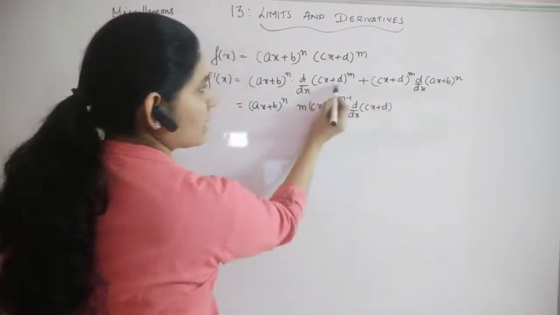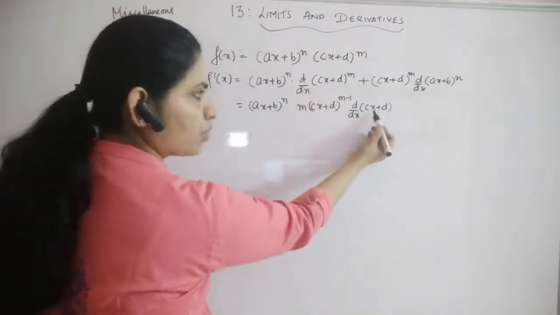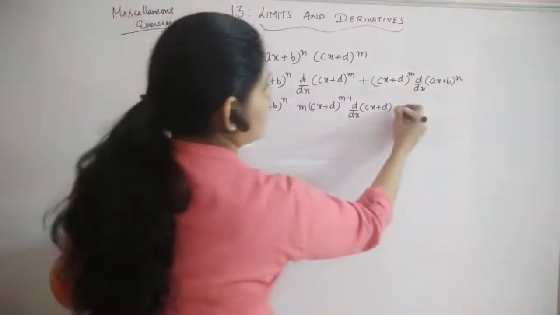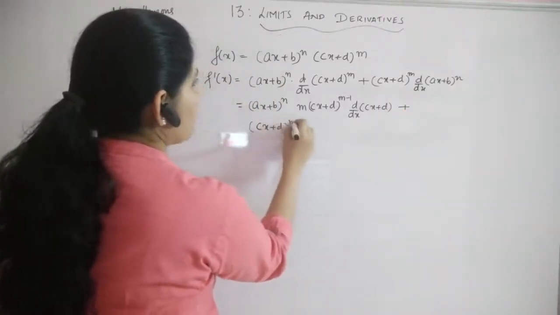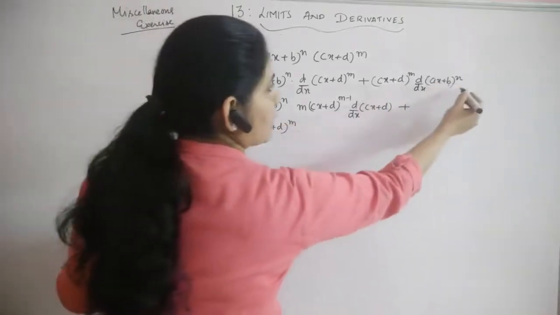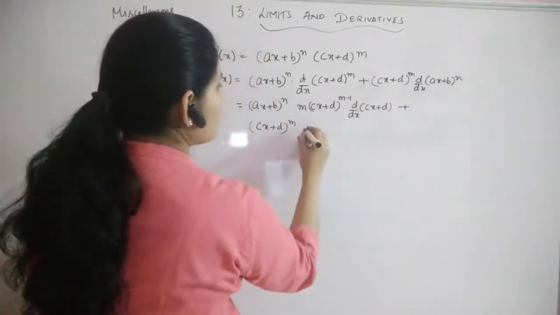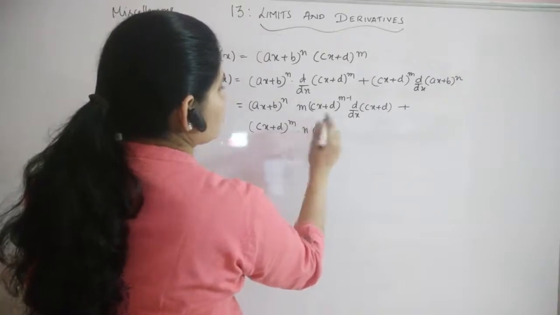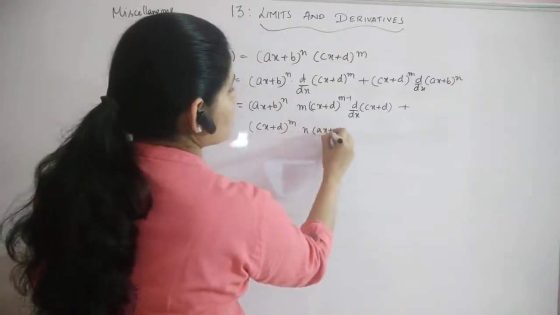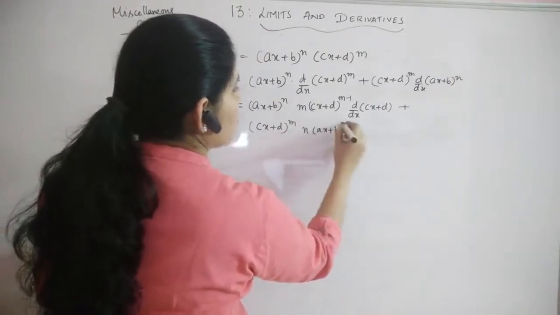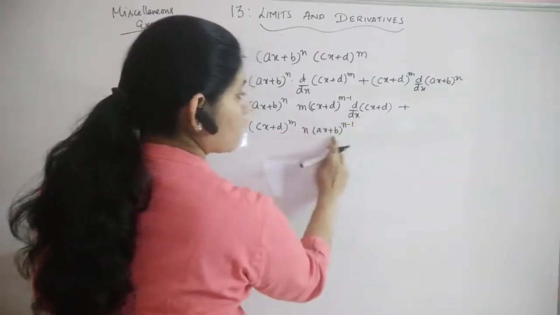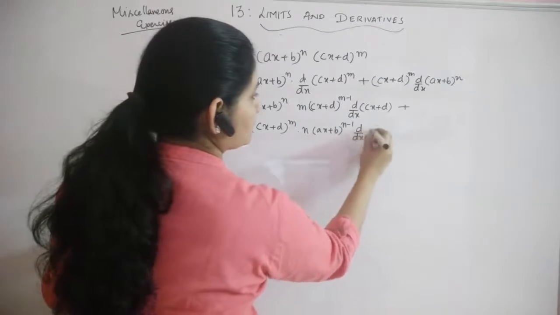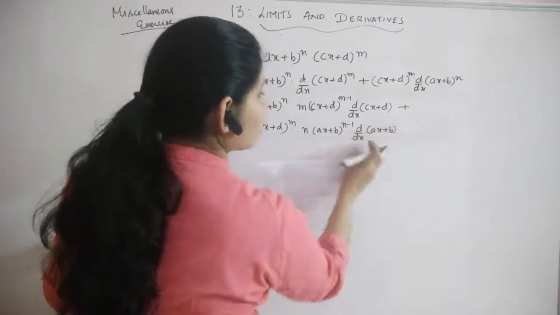Again, since this is not x, you have to differentiate that term also with respect to x, plus cx plus d the whole raised to m into derivative of ax plus b the whole raised to n, which will give you n into ax plus b the whole raised to n minus 1 into the derivative of ax plus b, applying the chain rule for this term.